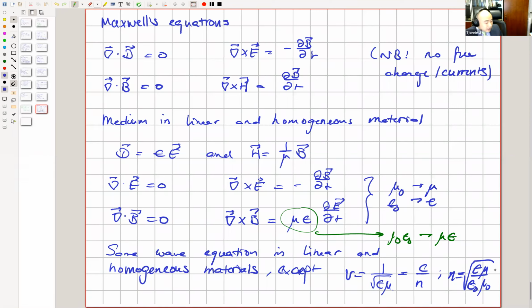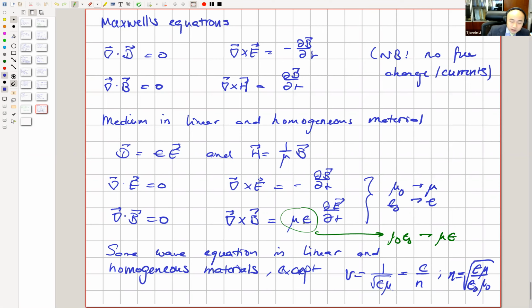Now there is a way to show this, but that goes beyond the scope of this course. But I just wanted to show you that in optics, the index of refraction is simply a number that is given. It's actually the wave velocity for different materials.